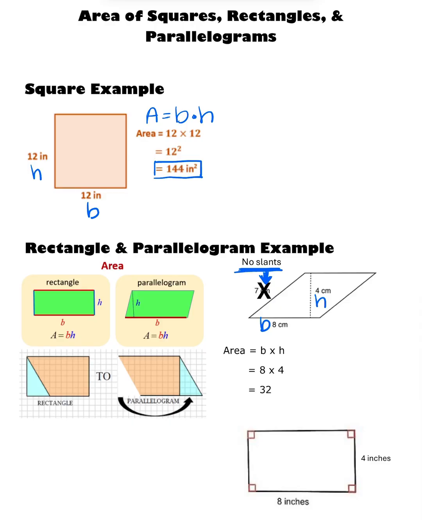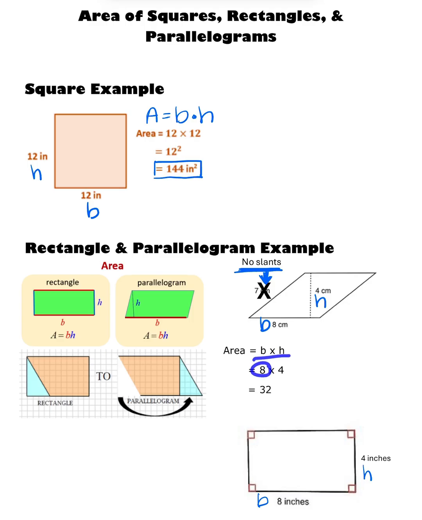Well, we have an example of a rectangle down at the bottom with the exact same dimensions. Remember, we're going to define them. So my base was 8 in this picture. My height was 4 in this picture. So again, I plug into my formula, base times height. Well, 8 times 4 is still 32. So both of these shapes are going to have this exact same formula, plug in, and solve because they have the same formula.